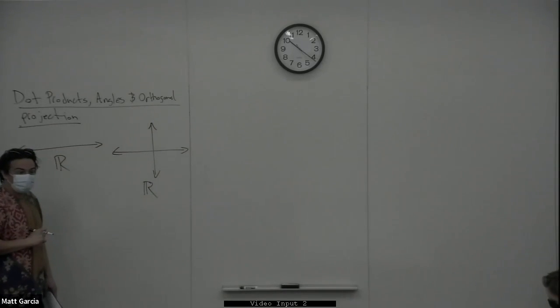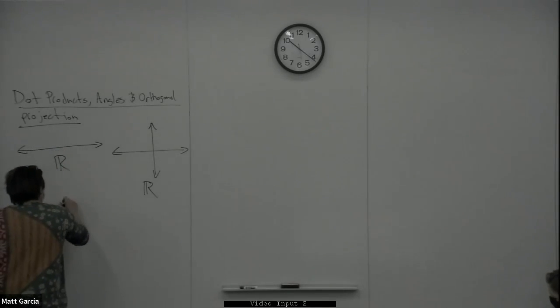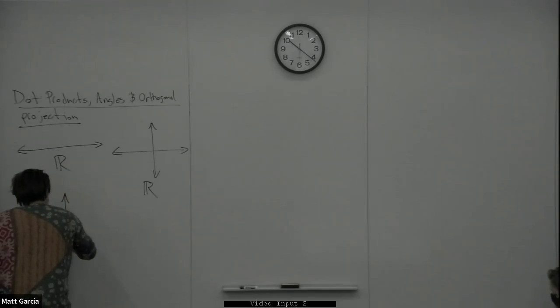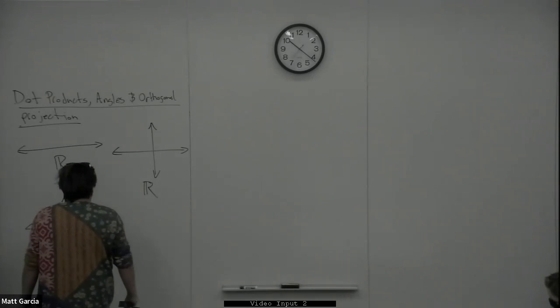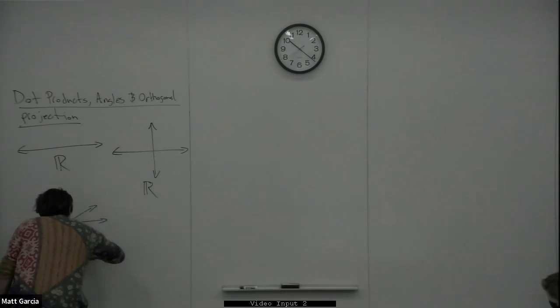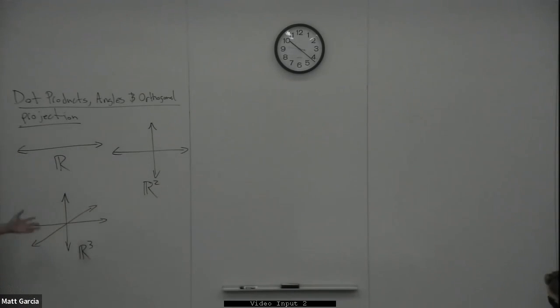And this gives me the plane, R2. If I take three axes and arrange them in a mutually perpendicular fashion, I get space, right?